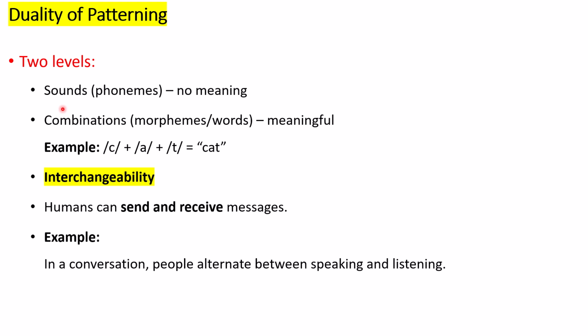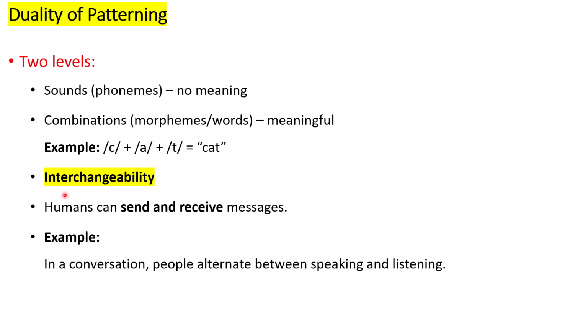So phonemes do not have a meaning on their own. And the second level is where the meaning emerges as a result of the combination of the units from level 1, that is phonemes or sounds. So when they combine, they give a word that is meaningful. But the sounds on their own have no meaning, they are meaningless.